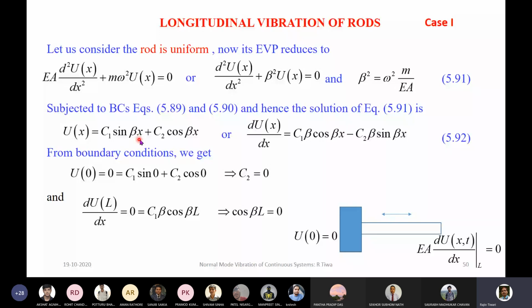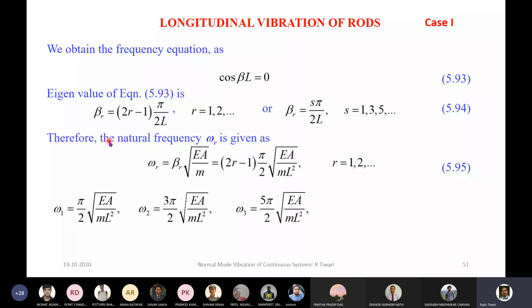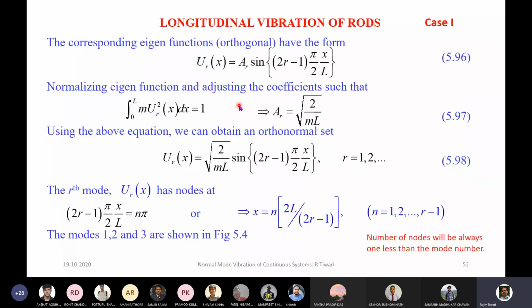C1 is a constant, which can be normalized with respect to mass to get the C1 value, as we did in the case of the string problem. Instead of C1, I'm writing A_r, and I'll replace beta with the r term. So this is the eigenfunction for the rth mode.